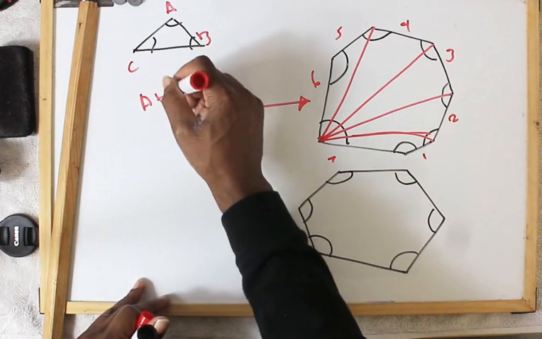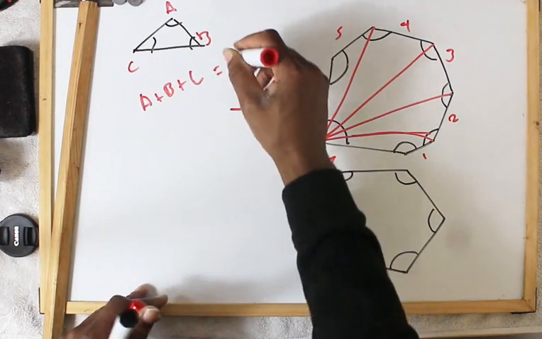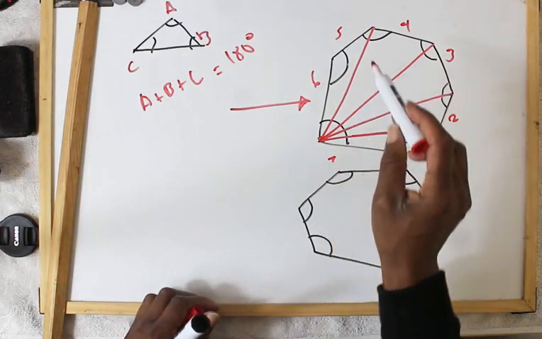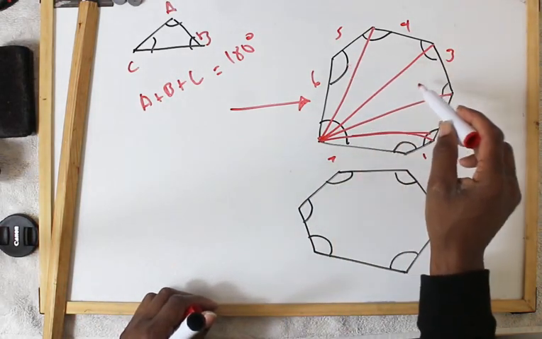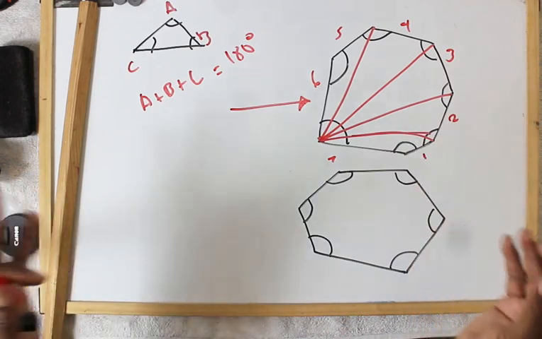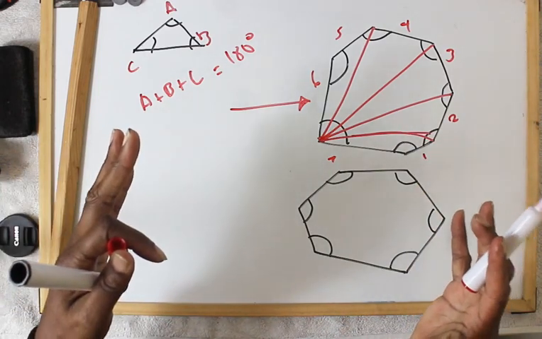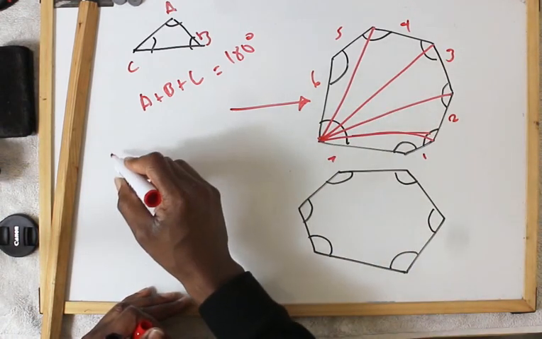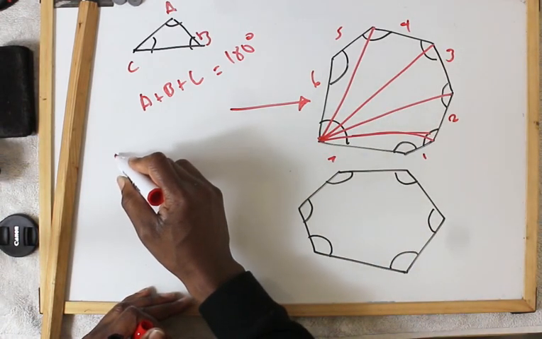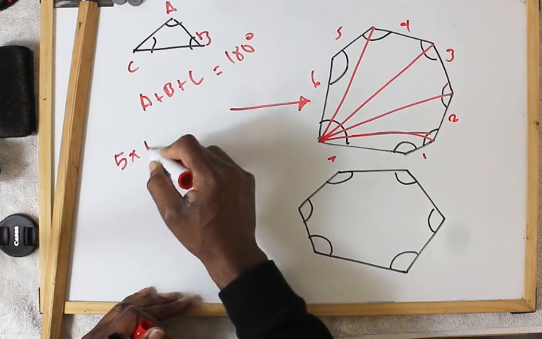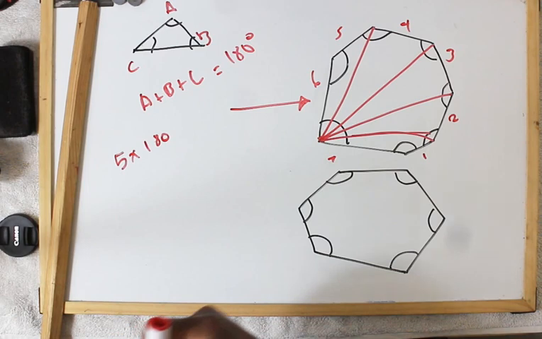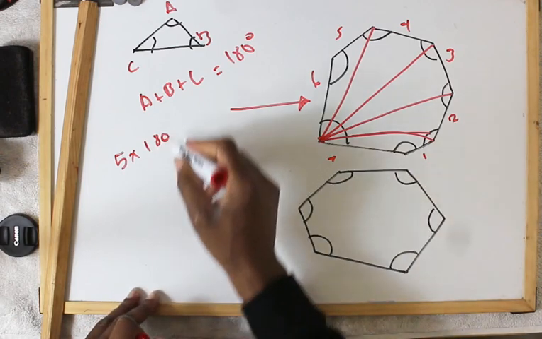So A plus B plus C equals 180 degrees. We know that. Now we have 1, 2, 3, 4, 5 triangles all stuck together. What that means is that this particular shape with 7 sides contains 5 times 180. That's 5 times 180 degrees.